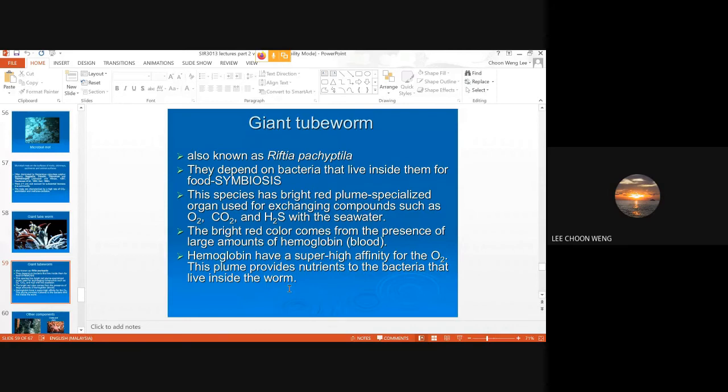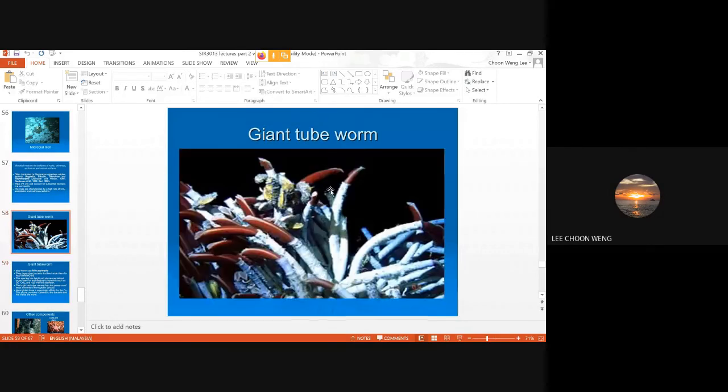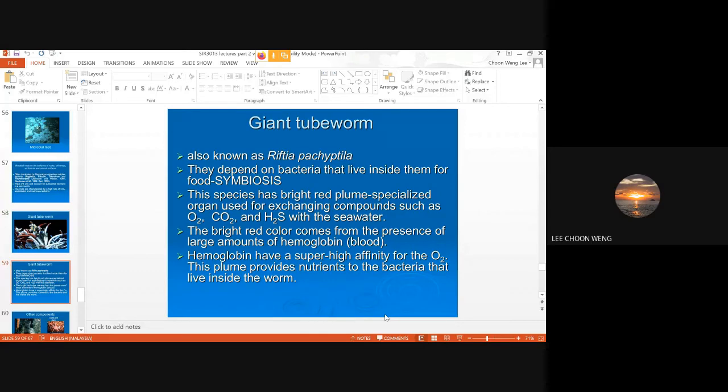So the worm has a reddish tinge here because of the hemoglobin that captures the oxygen. So the worm actually provides a suitable habitat for the bacteria, okay, and also exchanges certain compounds with the seawater.